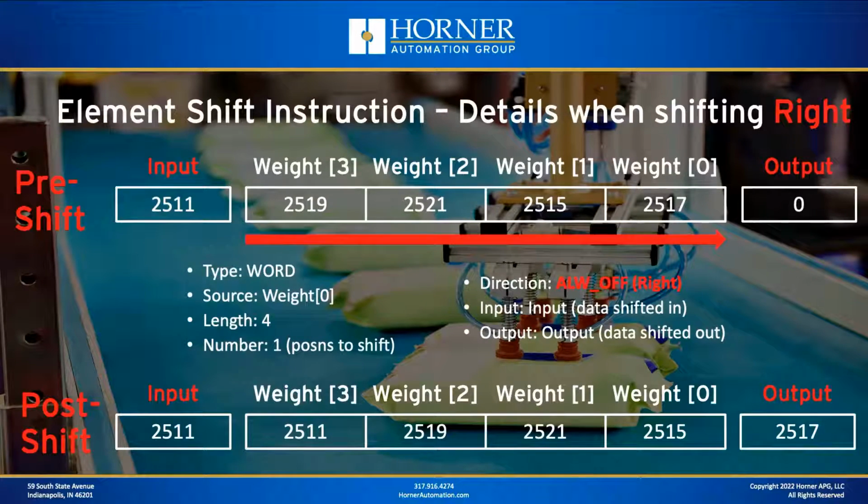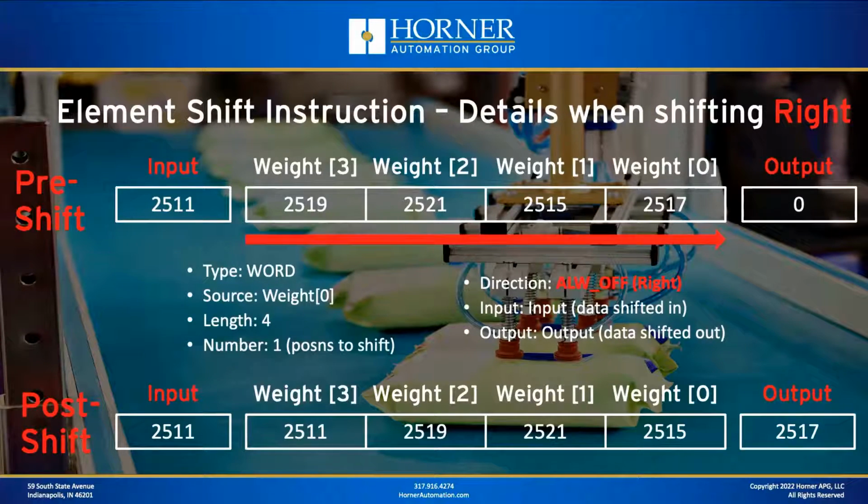Now let's take a look at what happens when we shift right. A little bit different. Notice that I've drawn the input variable and the output variable now on opposite sides here. Because when we shift to the right, basically with the same configuration we had in the previous slide, you can see some differences here.